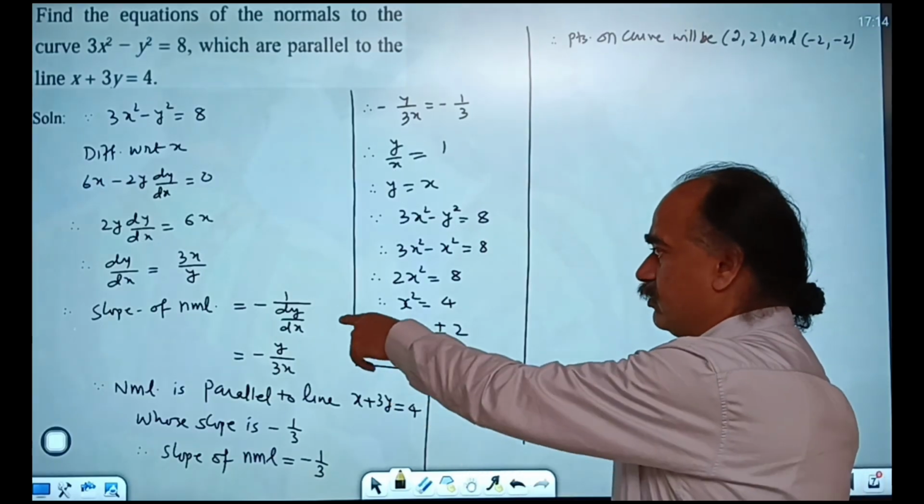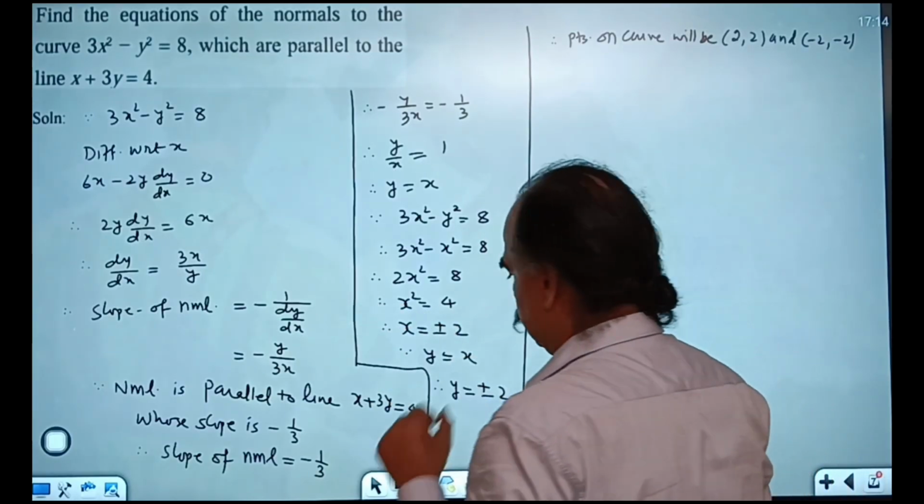Now slope of normal we know is minus 1 by 3.